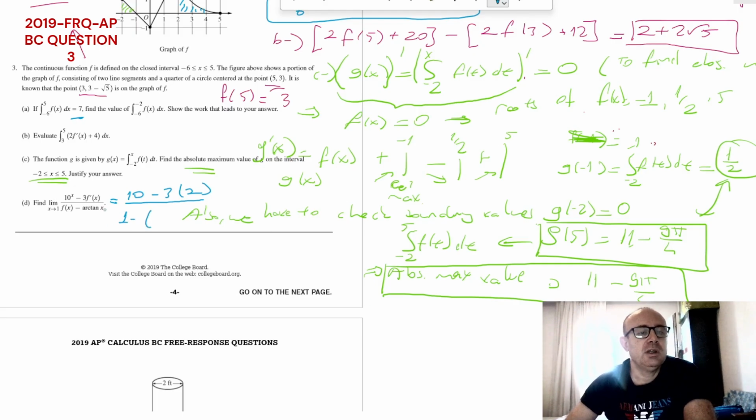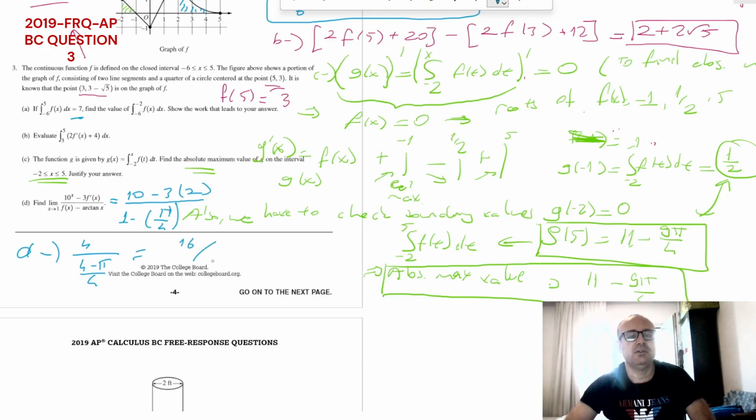Arctangent 1, you know, is equal to pi over 4. So the answer for part D is 10 minus 6, this is 4, over 1 minus pi over 4. This is 4 minus pi over 4. And the answer is then at the end 16 divided by 4 minus pi. And this is the answer for part D.